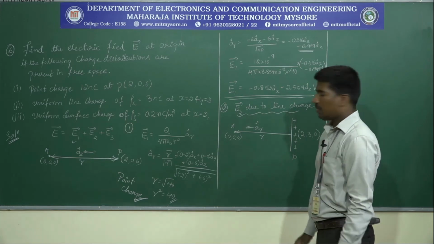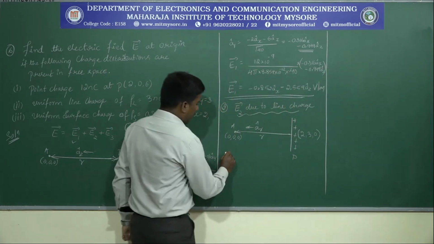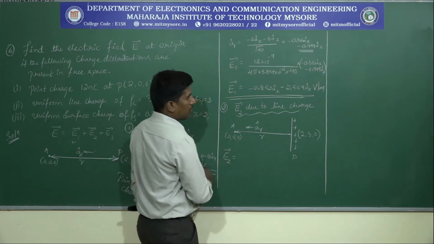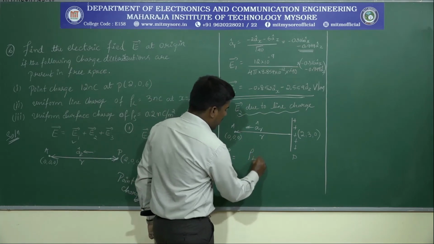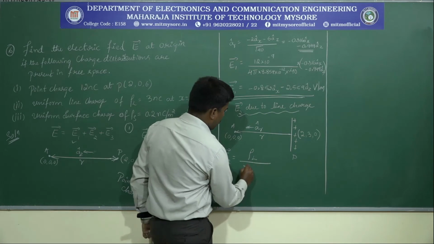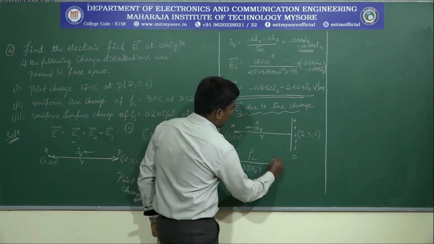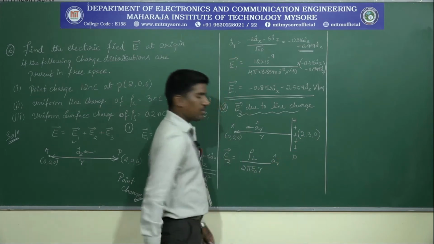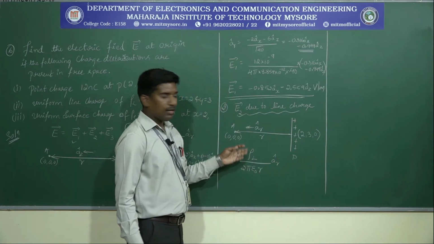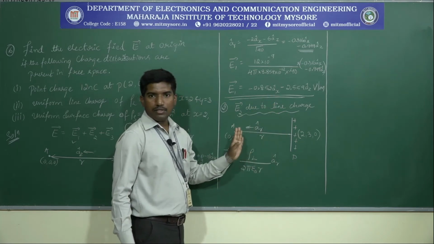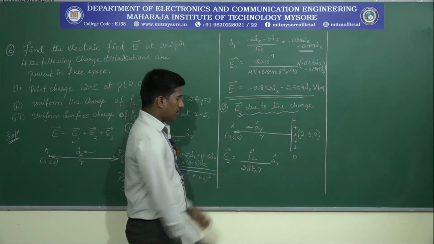So what is the equation for electric field intensity? E2 is equal to rho L divided by 2 pi epsilon naught r into a cap r. This is the equation for infinite length uniform line charge.